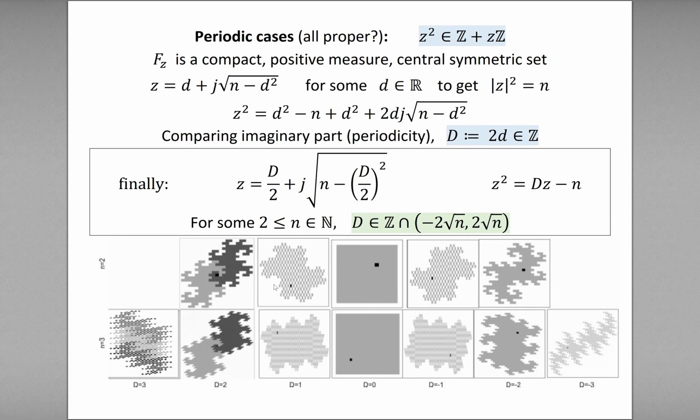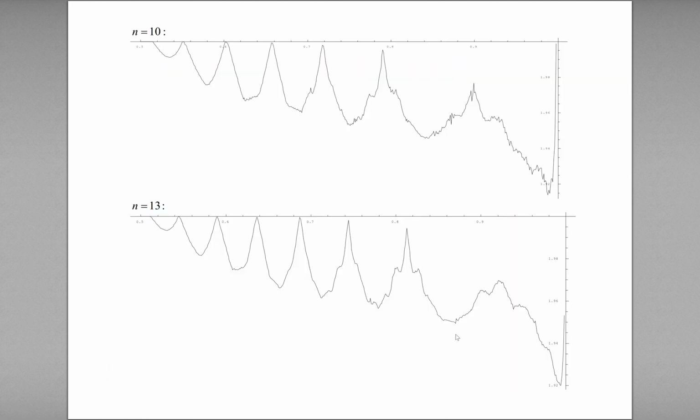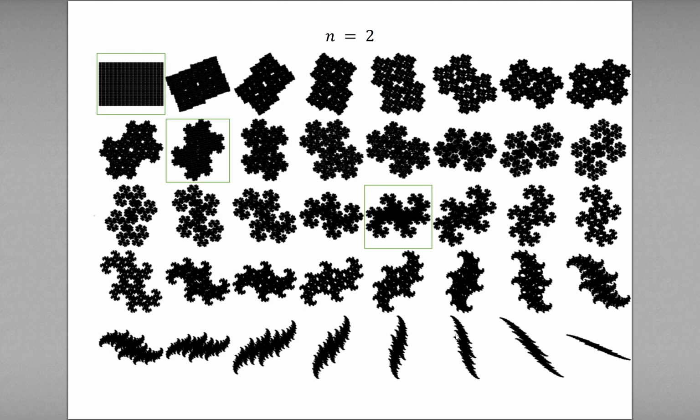So for n equal 2 we have this rectangle and two fractals on both sides of the sign. For 3 we have 3, as in the plots. So here are the plots for n equal 2 and n equal 3.